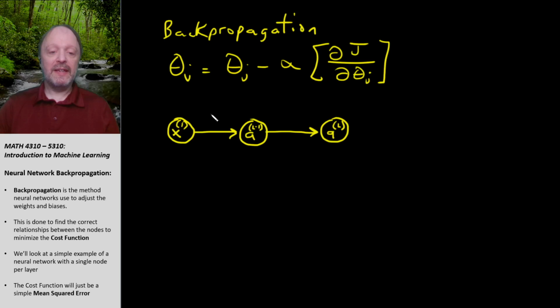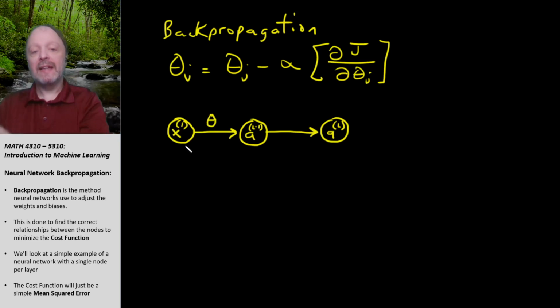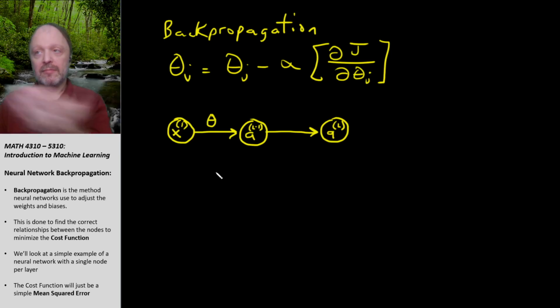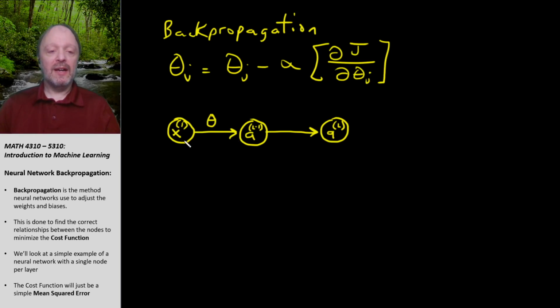I'm missing the thetas, the weights that are going to be multiplied by the activations in order to get a new value that's then sent forward. So you can imagine there's just a one here, and a one here. It's the first node. So this would be theta 1, 1 starting in layer 1. And this would be theta 1, 1 starting in layer L minus 1.